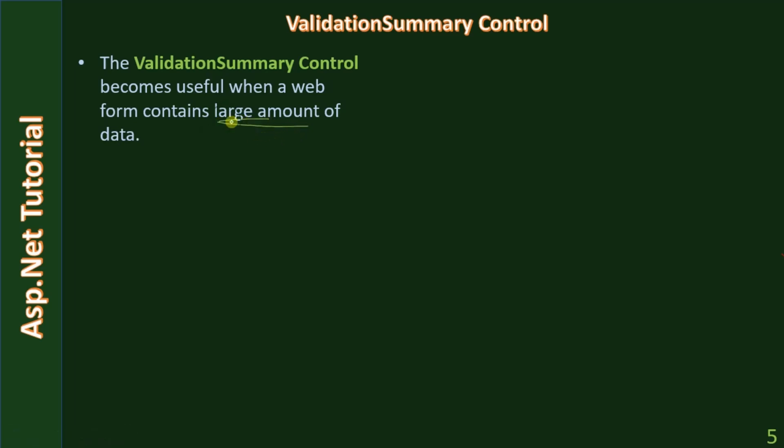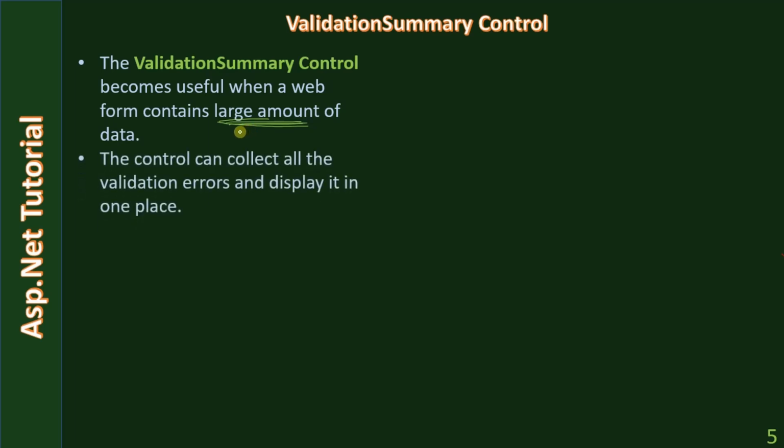So it will be useful to show the validation errors in one single place when there are multiple controls. The control can collect all the validation errors and display them in one place.